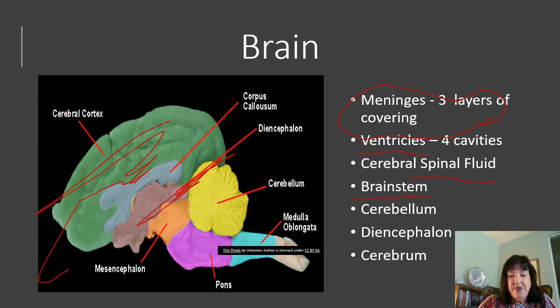So damage to the cerebrum is going to definitely change a person's ability to think, sometimes understand language, their judgment, the meaning they put to the sensory information that they have. All right, so where the damage is, for whatever reason, is going to tell us a bit about what kind of functional deficits our patients are going to have.